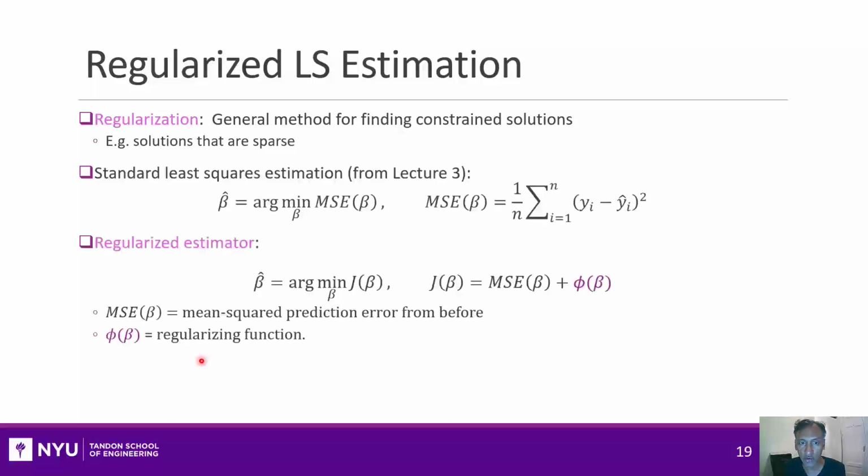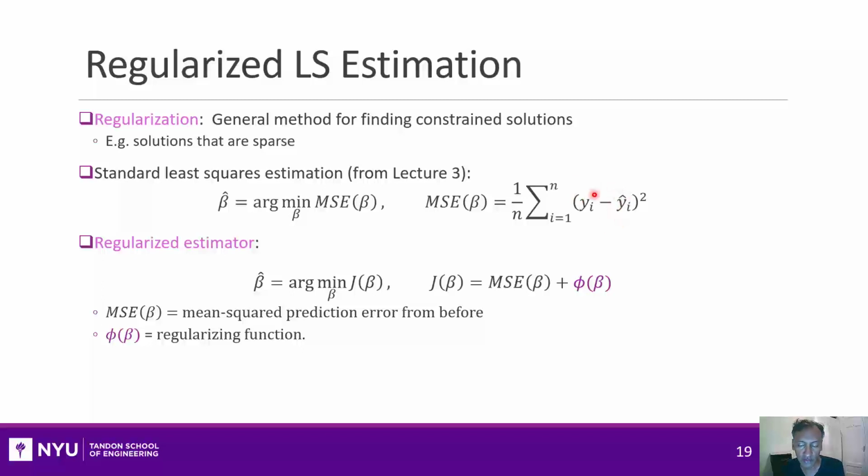And just to make it more concrete, let's go back and look at our least squares problem. In the least squares problem, in general, in the unregularized form, we're trying to minimize the mean squared error, which is just the sum or the average of the squared differences between the predicted and true values.